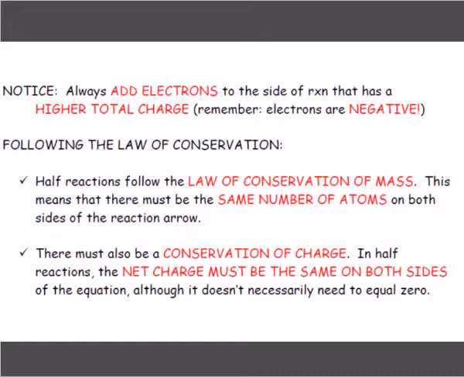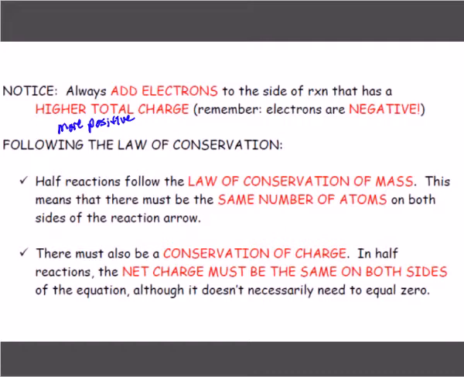Add electrons to the side of the reaction that has a higher total charge. What does that mean, a higher total charge? Higher meaning, yes, more positive. The side of the reaction that has the more positive charge, that's where we're going to add the electrons, so that it combines to lower the charge.